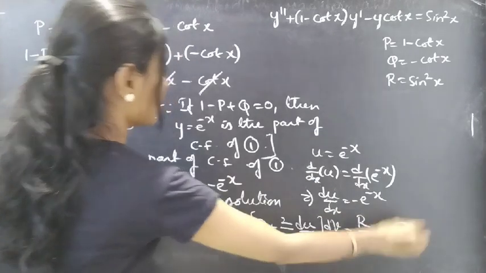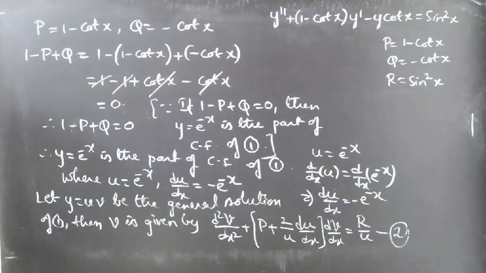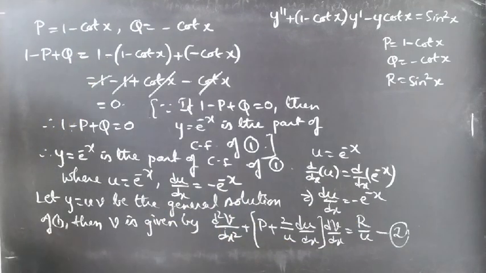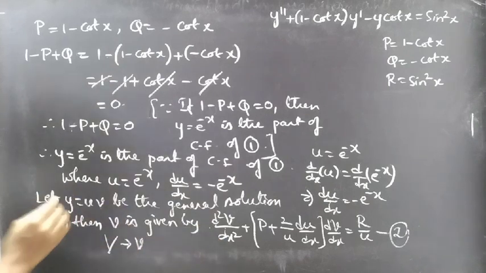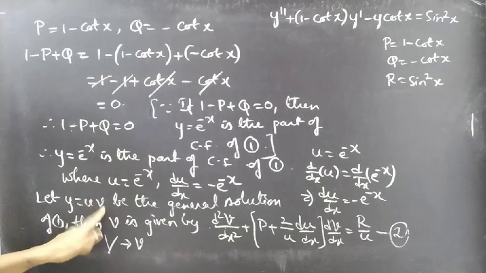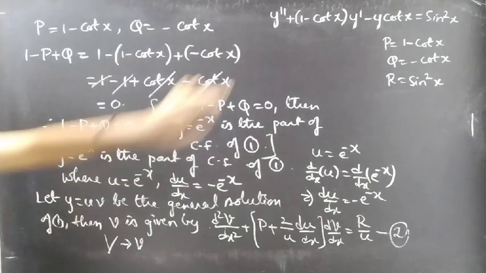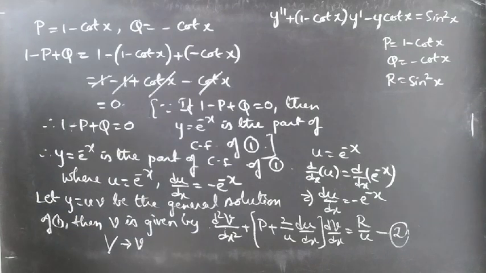Consider it as equation number 2. Now substitute u, du/dx, r and p in order to find small v. From this we'll get capital V, and from capital V we'll find small v, and later we'll put u and v in y = uv to find the general solution of the given differential equation.